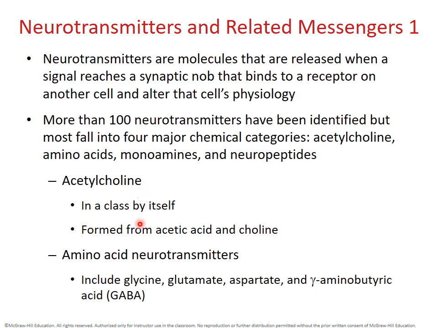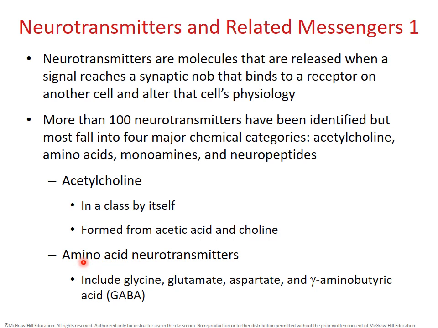Acetylcholine is formed from acetic acid and a substance known as choline, and pretty much that's it. Fairly simple structure. Amino acid neurotransmitters, as the name implies, are essentially amino acids or slightly modified amino acids. Remember, there are 20 different amino acids that we use in the body to make proteins.